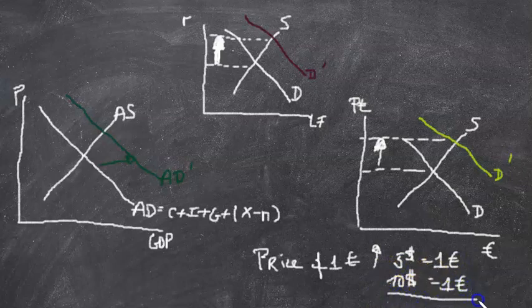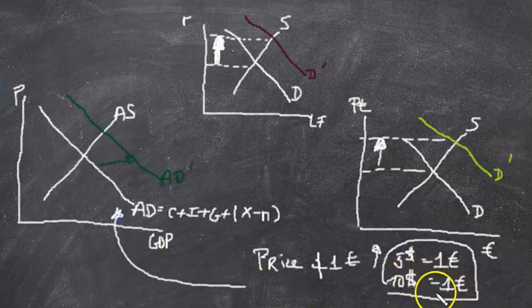Now I have to pay $10, let's say, for 1 euro. Well, what's going to happen to net exports? Back here. So let's go back over here. This means that my local people, my national habitants in France, can buy $10 with 1 euro versus $5 with 1 euro.